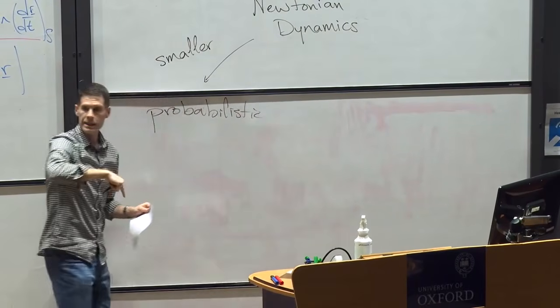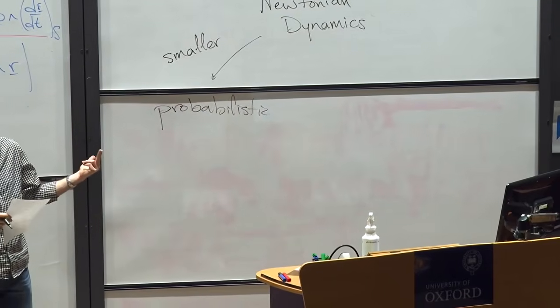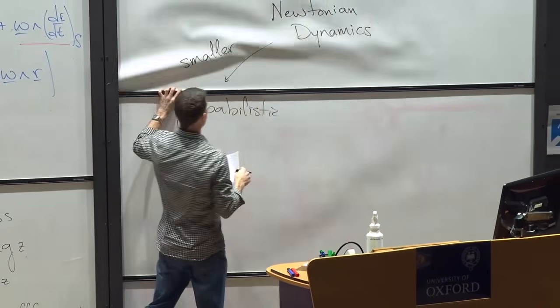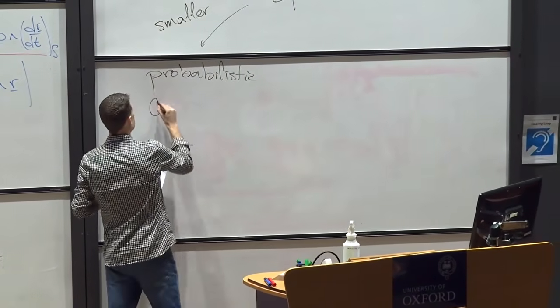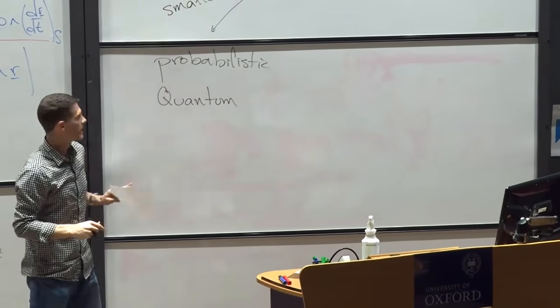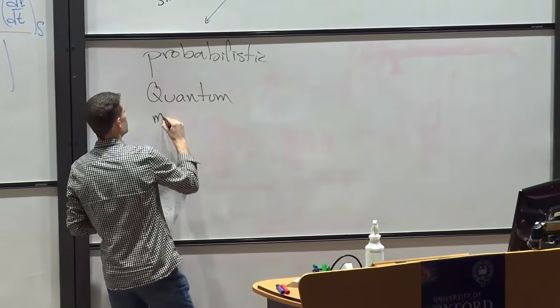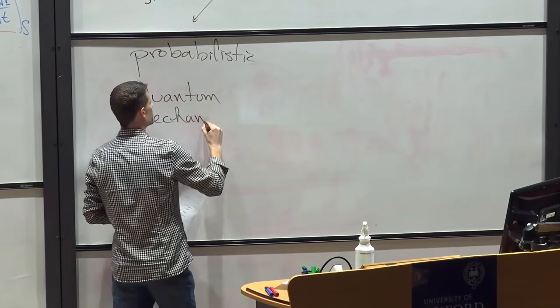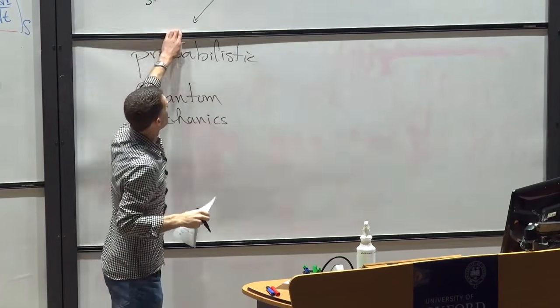And of course, if you keep digging down to smaller and smaller scales, you get to quantum mechanics, where things are entirely probabilistic. Nevertheless, many of the same ideas and principles exist there.